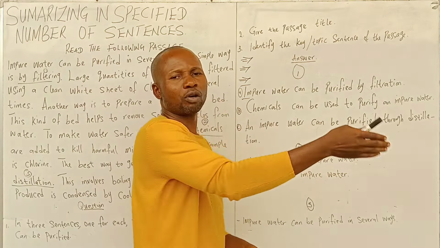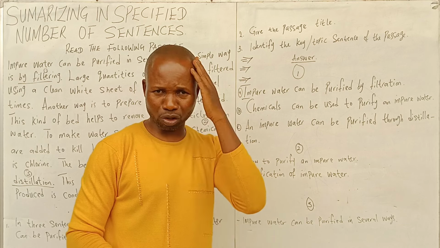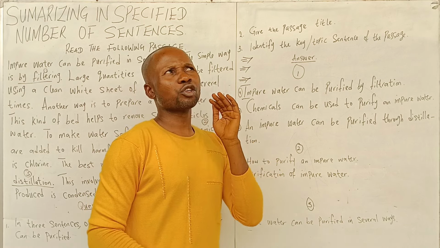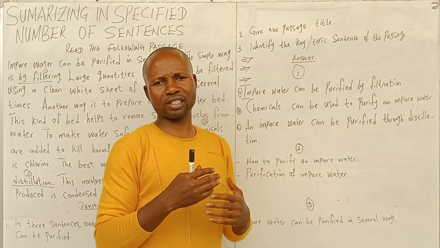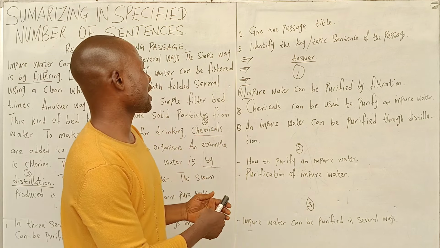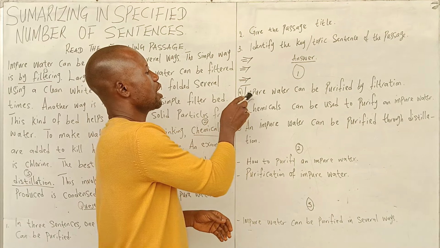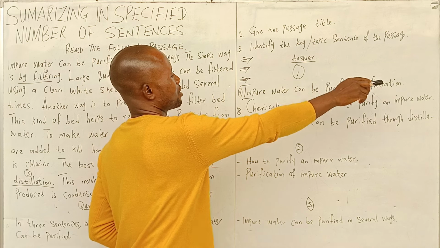You have your answer. Number three, an impure water can be purified through distillation. There is something I want you to take into cognizance: you don't need to be repeating words. I try to change. I can just be using: impure water can be purified by distillation.